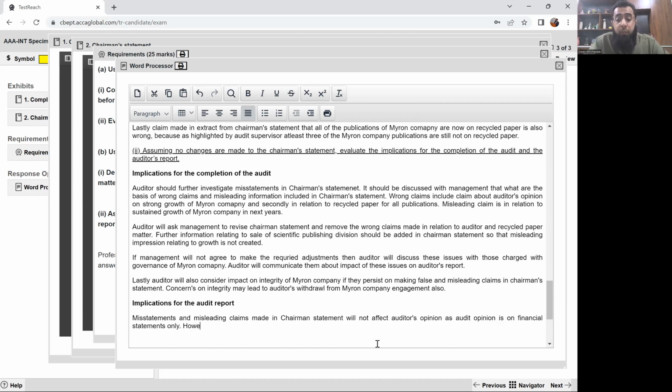However, auditor will highlight these misstatements in other information paragraph of audit report, so that users of financial statements do not get confused due to misstatements in chairman's statement. So this will be the implication for auditor report. It will not affect the auditor's opinion.